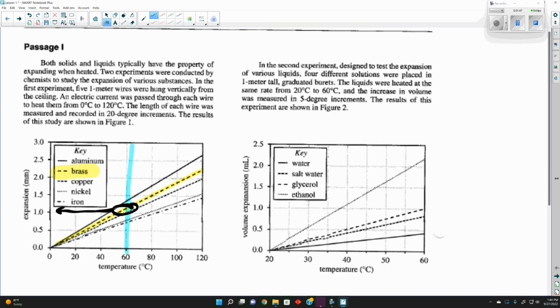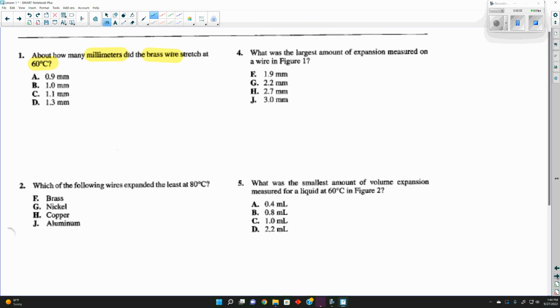Is it exactly 1? This dotted line is 1, and it's just above it, isn't it? So it's not 1, it is C, 1.1. It's just above it. The charts on this here are a little fuzzy, but it's easier to see, I think, on the note sheet itself.